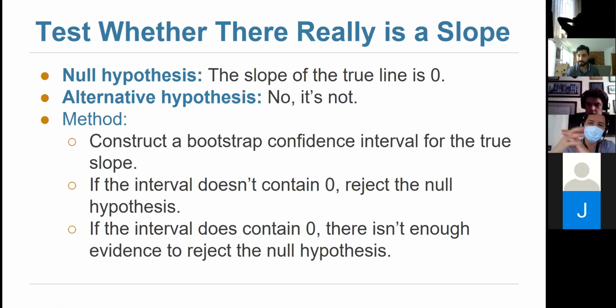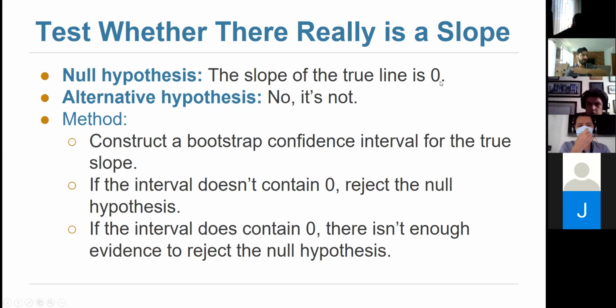So even if the number is very, very small, you're still going to reject the null hypothesis if it's not zero? It's tricky, okay, but I'm going to talk about that example because it's pretty close to zero. Anyway, I'm going to do the hypothesis testing. I want to see if the slope of the true line is zero.